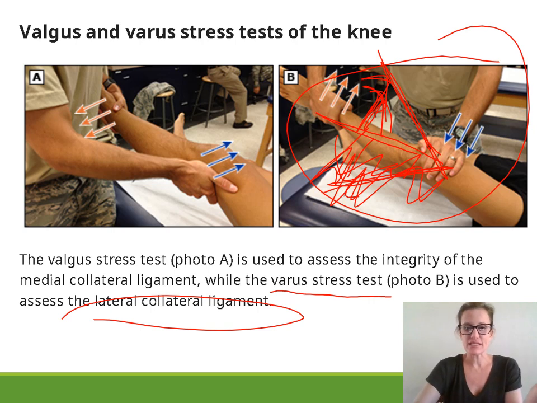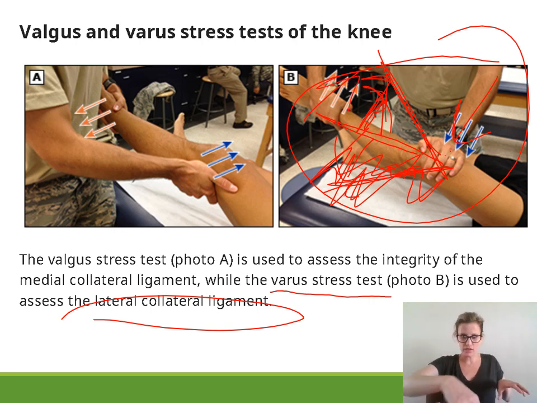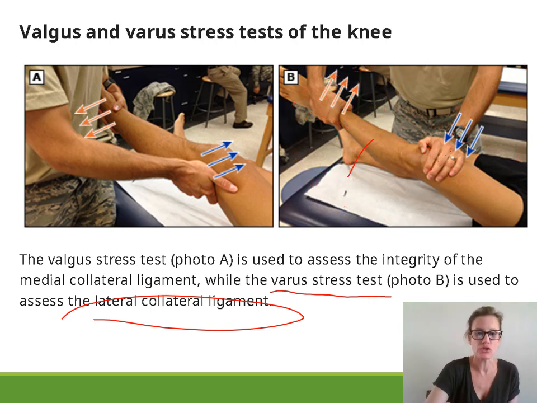So in order to test this, the hand is put on the knee and the knee is pushed almost outward, right? You make sure that the knee doesn't move with the ankle. And then the foot and ankle are pulled inward towards the midline of the body. If you can push the foot in towards the midline of the body and have that adduction movement, then that's a sign that the lateral collateral ligament is not able to provide that varus stress stabilization, right?